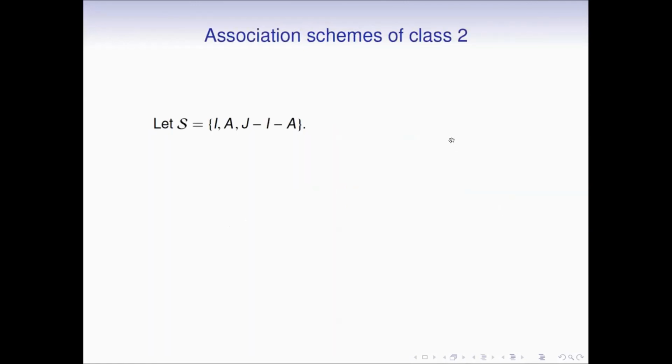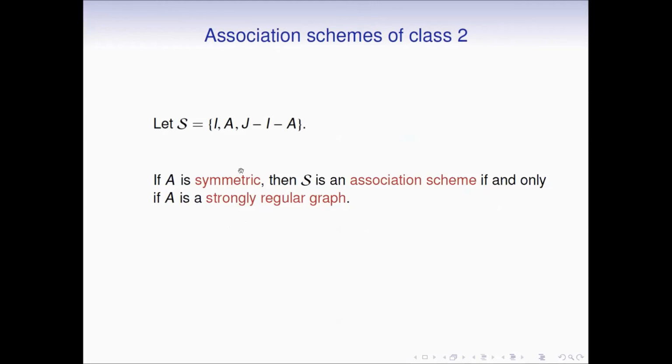And we just consider association schemes of class 2. So we have matrix I, matrix A, and the matrix J minus I minus A. Suppose that this is the association scheme of class 2. If A is symmetric, then the association scheme is symmetric.